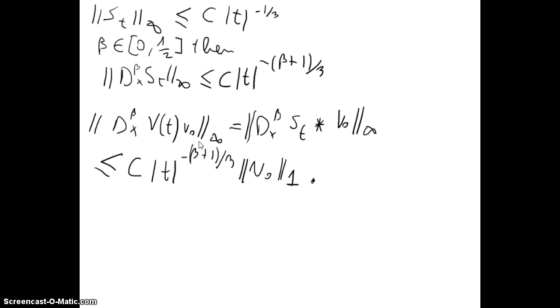So we will have the homogeneous derivative β of the solution bounded by this factor, the constant multiplied by the absolute value of t that came from here, and then using Young's inequality, the initial condition b_0 in norm 1.